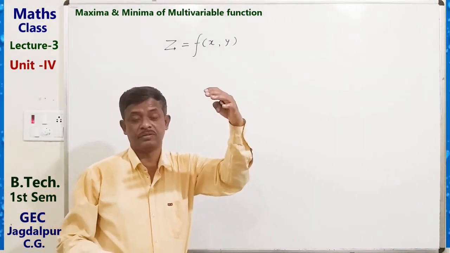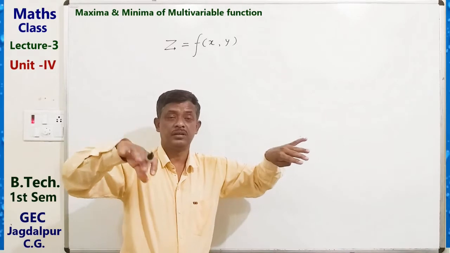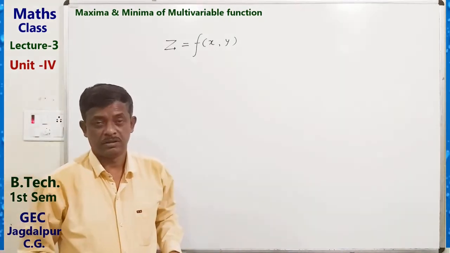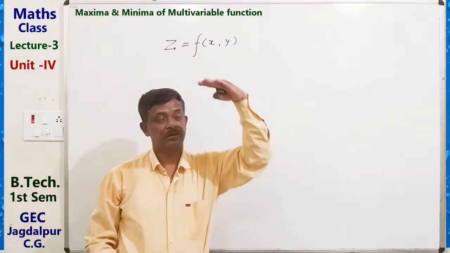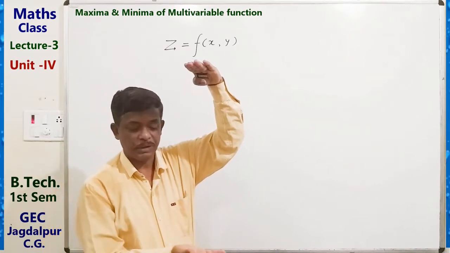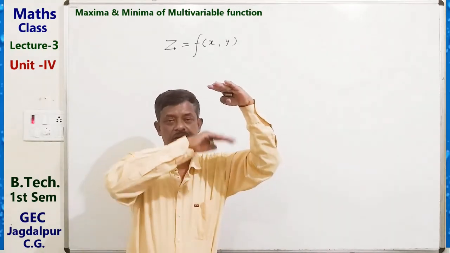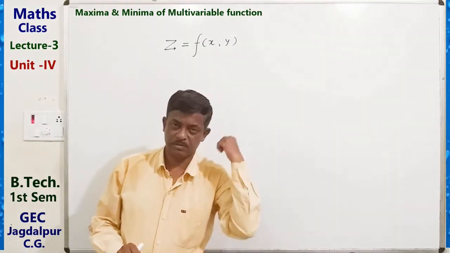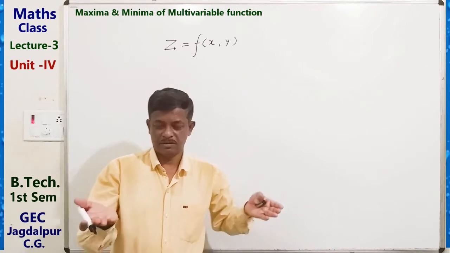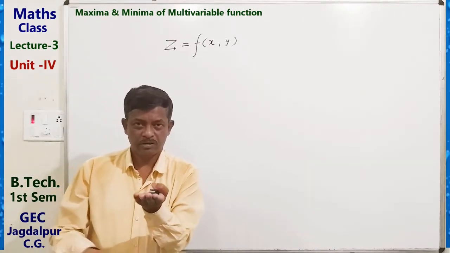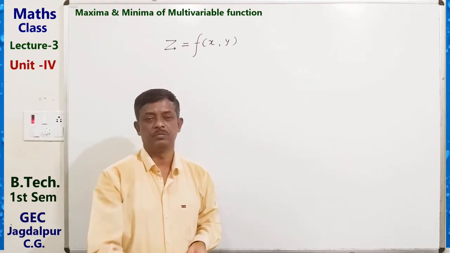The surface may be like a dome, where the tangent plane is parallel to the base plane, that is the xy plane, and the touching point of the tangent plane and the surface is the maximum point. Similarly, for a surface like a ball, the tangent plane at the bottom of the ball is parallel to the xy plane, and that point is the minimum point.